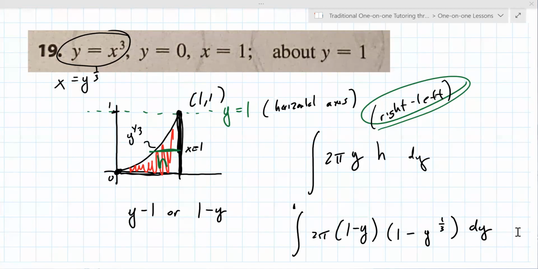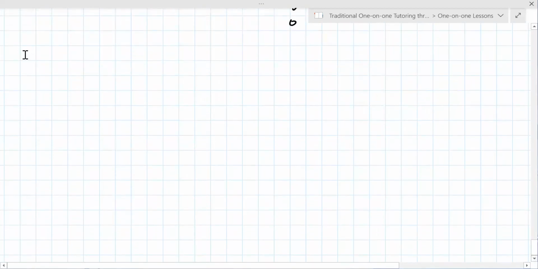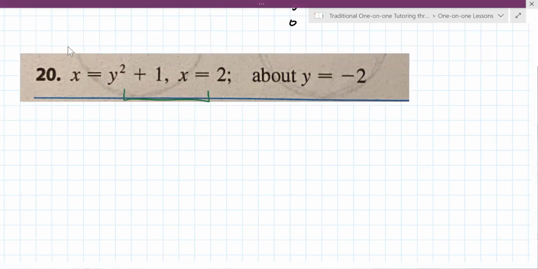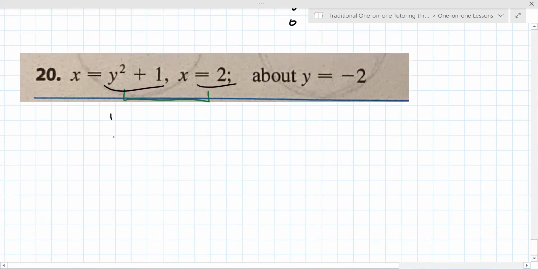All right, so I'm going to snip 20 in. Okay, this is already solved for x, that's good. So you need to set this equal to this, so y squared plus 1 equals 2. You'll find that y equals plus or minus 1 when you do that. That's important because you have to get an idea of what the shape is.